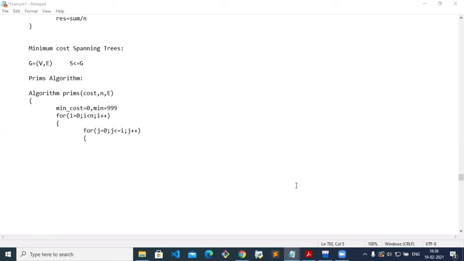Okay then. So j equals 0, j less than or equals to i, j plus plus. Next, what I am doing, observe carefully. If cost of ij is less than min, then what I'm doing is updating the minimum value.